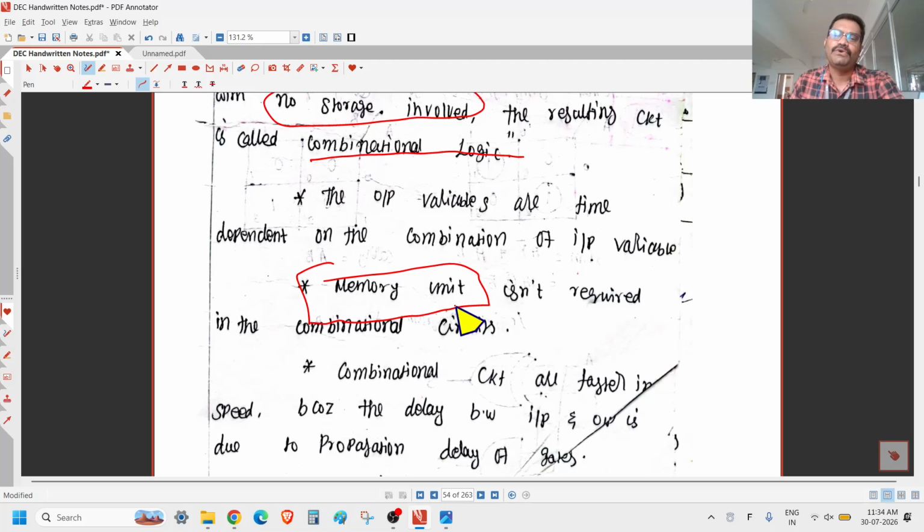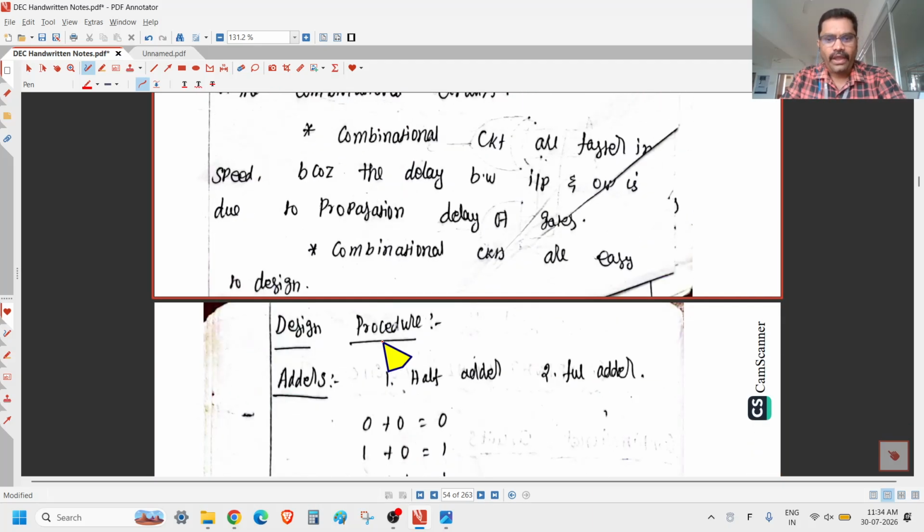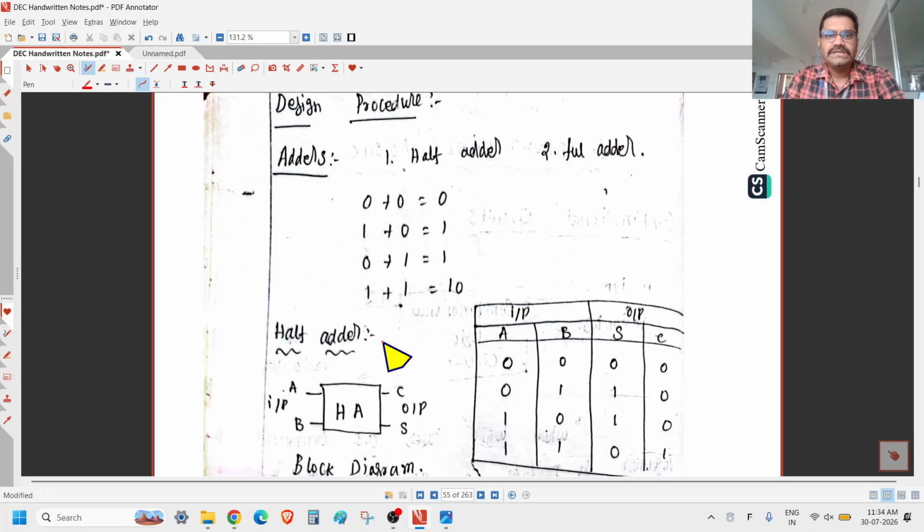If you consider a sequential logic circuit, its output depends on both the present input as well as the previous inputs. That is the major difference between a combinational logic circuit and a sequential logic circuit. I hope you understand the basic introduction of the combinational logic circuit.